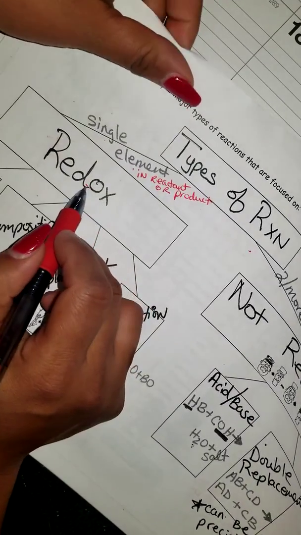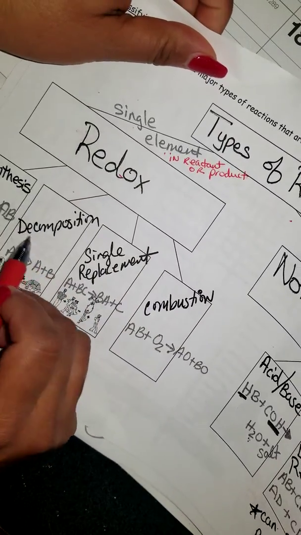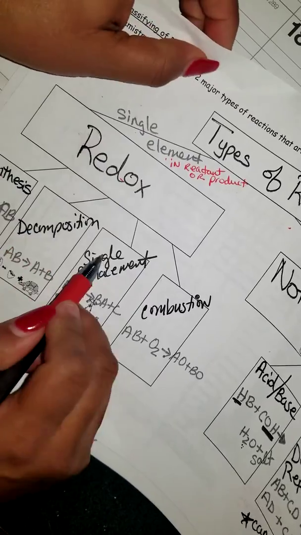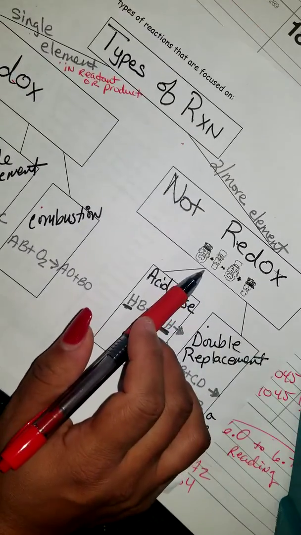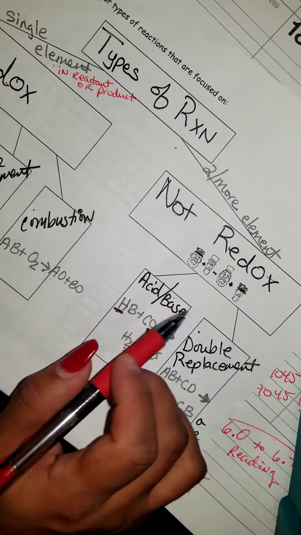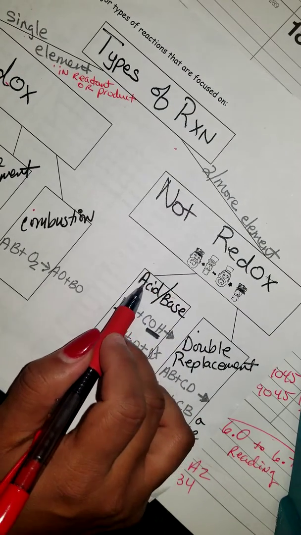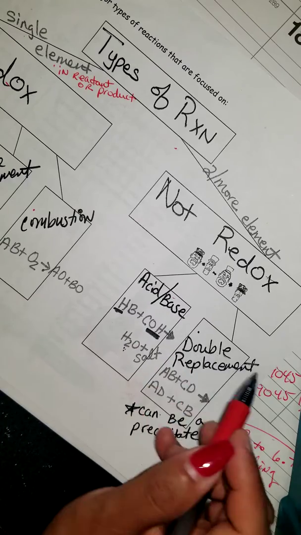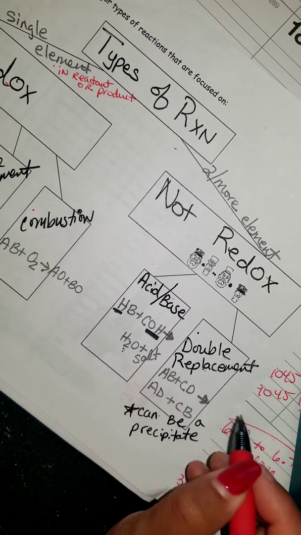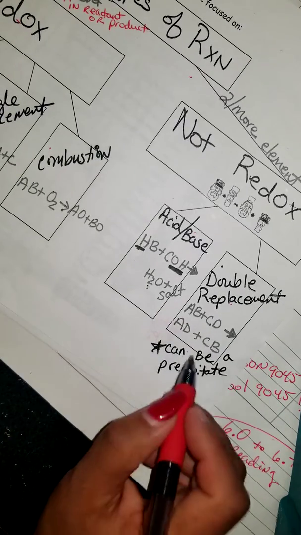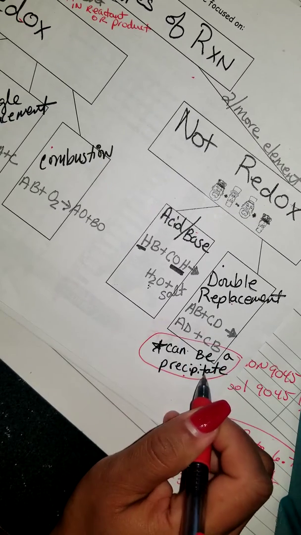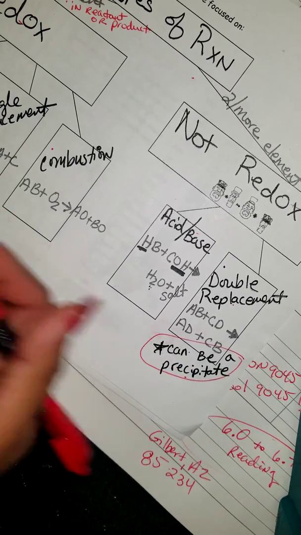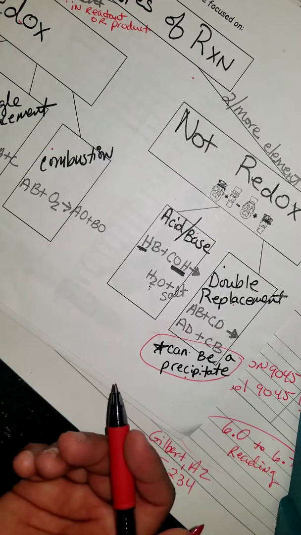So over here, a redox, there's 4 different types: synthesis, decomposition, single replacement, and combustion. Not a redox, there's 2 different types. There's acid-base, and there's double replacement, which can be a precipitant. They're not always a precipitant, but they can be. So I just call it a redox, not redox.